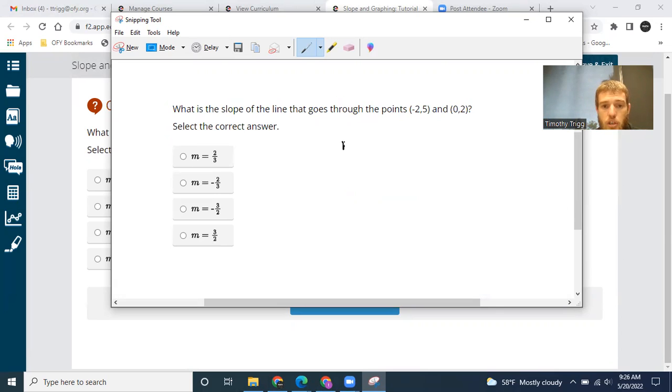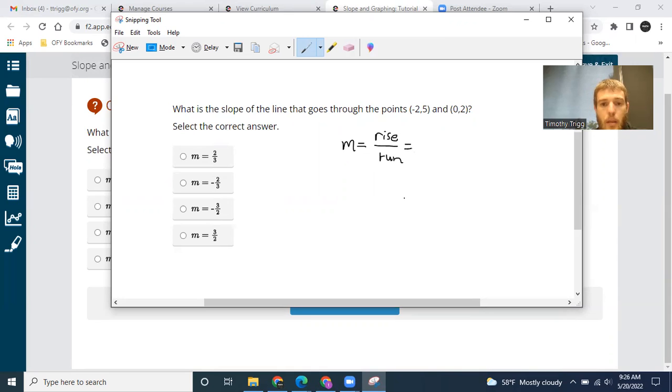So it's a ratio. The slope, which we usually denote with the letter m, is a ratio between its rise over run.